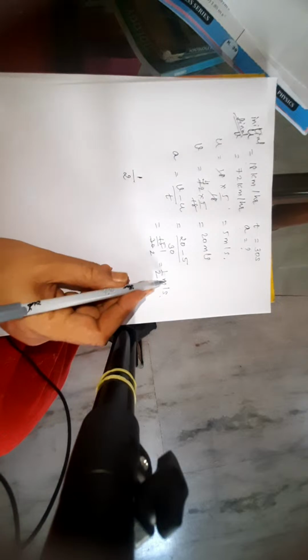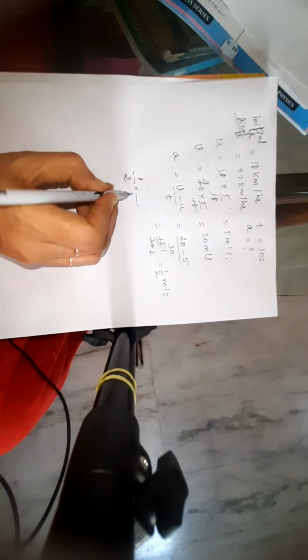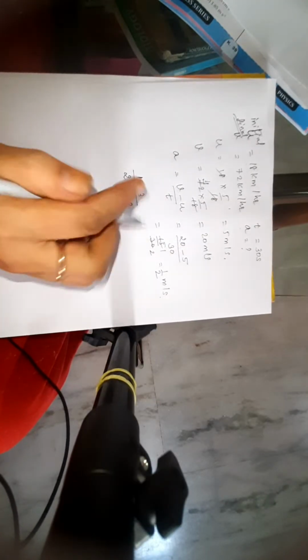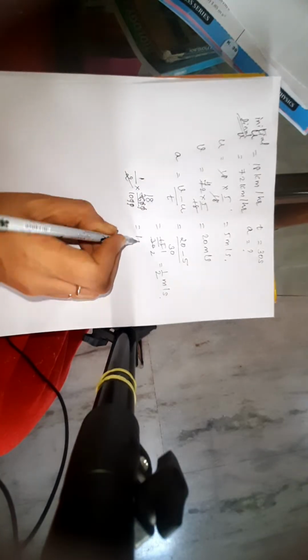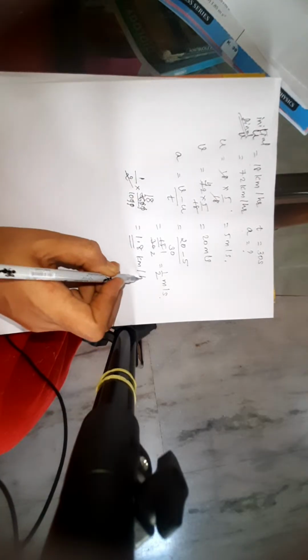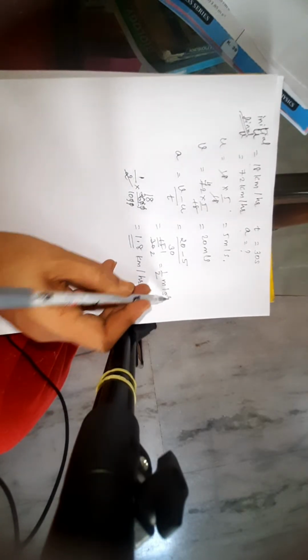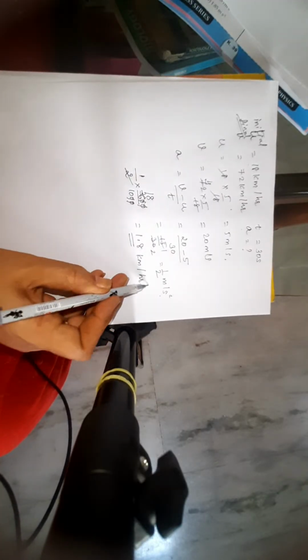So 1 by 2 meter is there. To convert meter to kilometer, we divide by 1000, and for seconds to hour we multiply by 3600. Now zeros got cancelled. Thus the answer is 1.8 kilometer per hour square. Whenever we find acceleration, it will be meter per second square or kilometer per hour square.